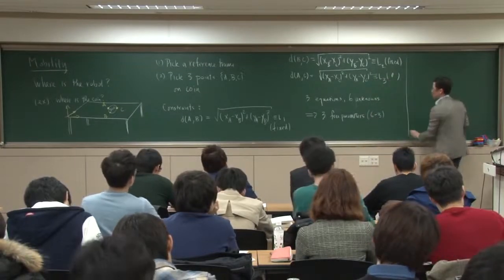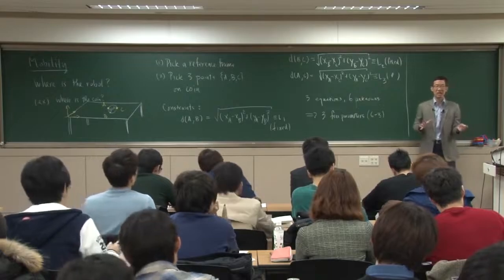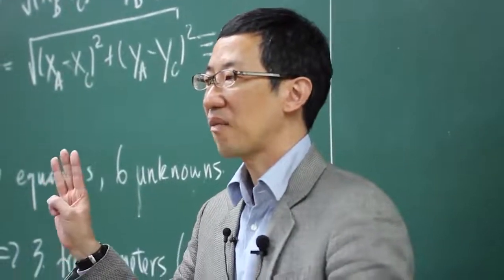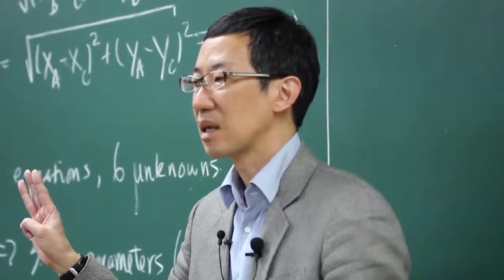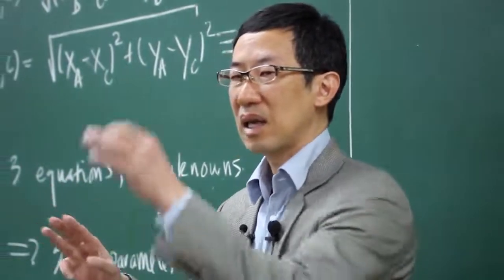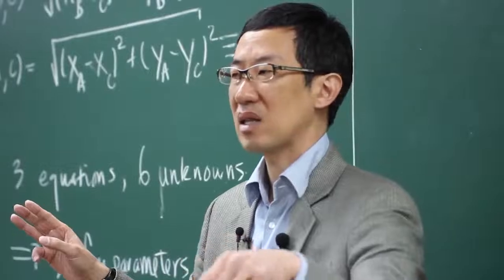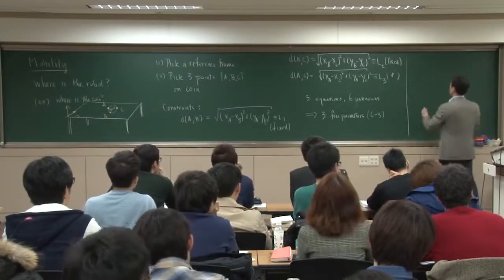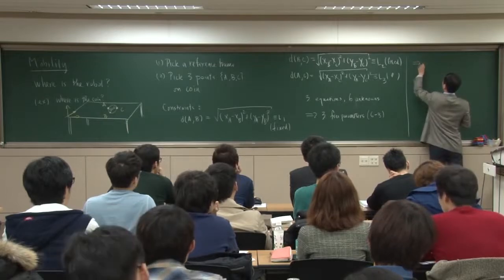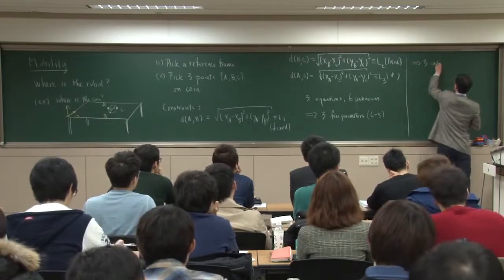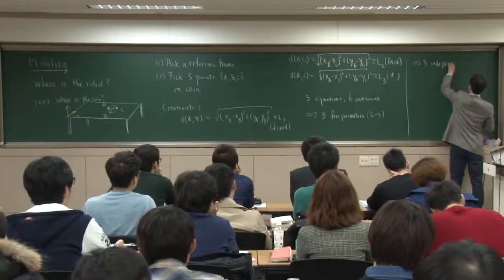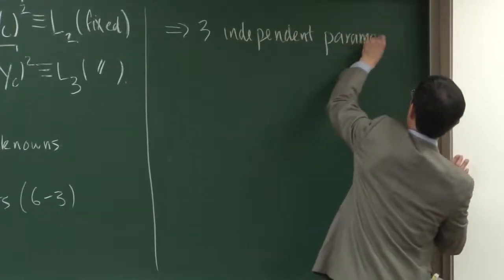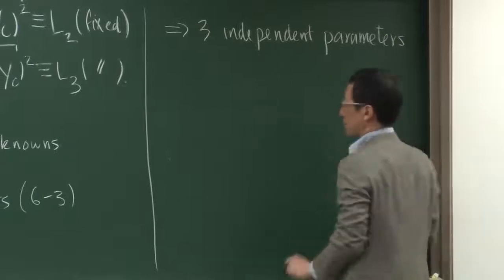What this means is that if we fix the values for 3 of the 6 coordinates, then the remaining 3 can be determined. So that means there are 3 independent parameters.